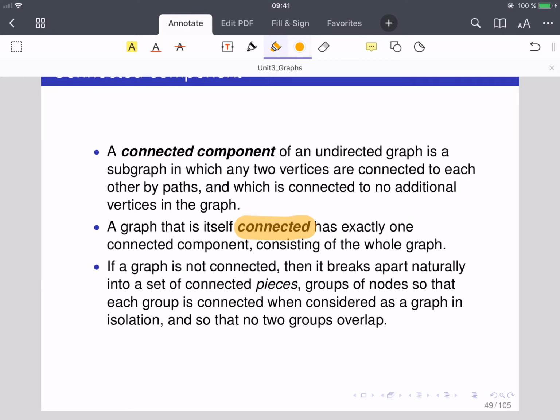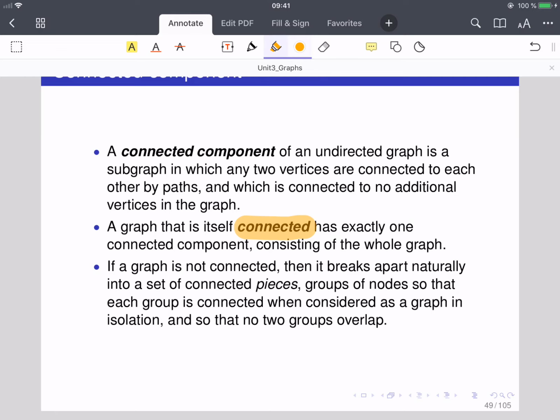Okay, if not, then we have several different connected components, and each of the connected components is a subgraph that is connected. Okay, but the whole graph may be not connected if we have more than one connected component. So what we are interested in is in developing algorithms to test whether the graph is connected or not, and to also find the connected components.